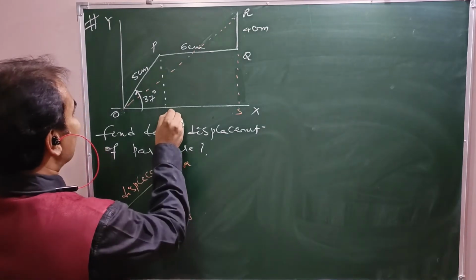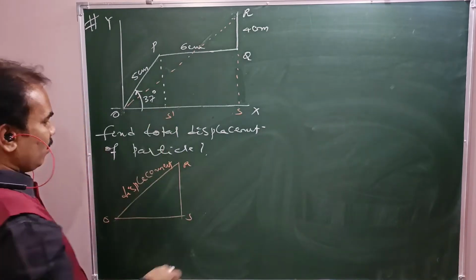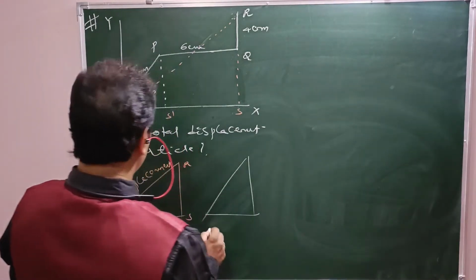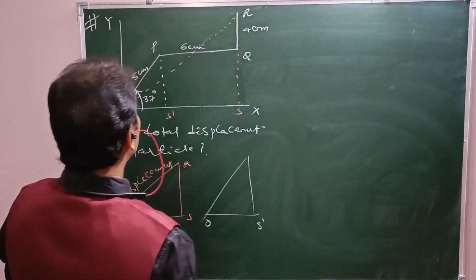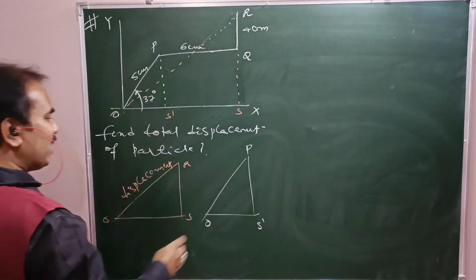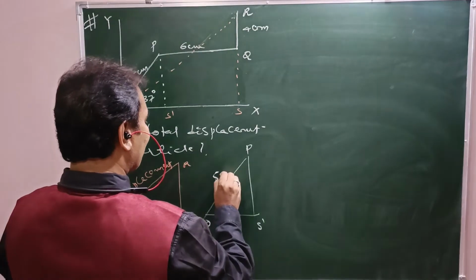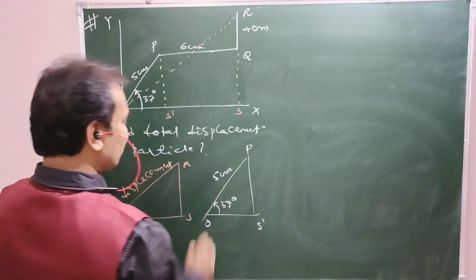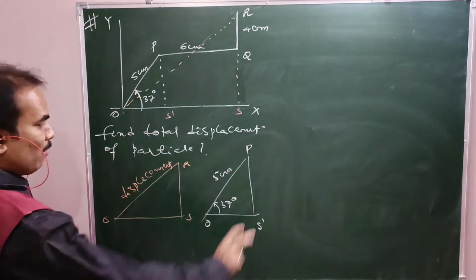Suppose here S dash, as an example. In the right angle triangle O, S dash, P, this is 5 centimeters. What is the angle here? 37 degrees.